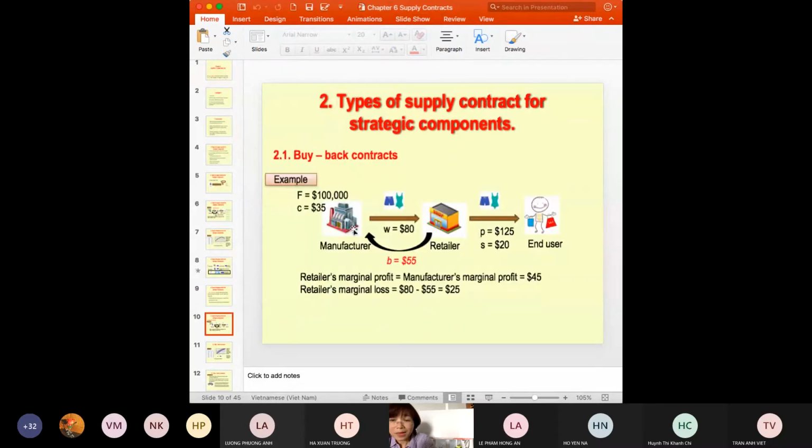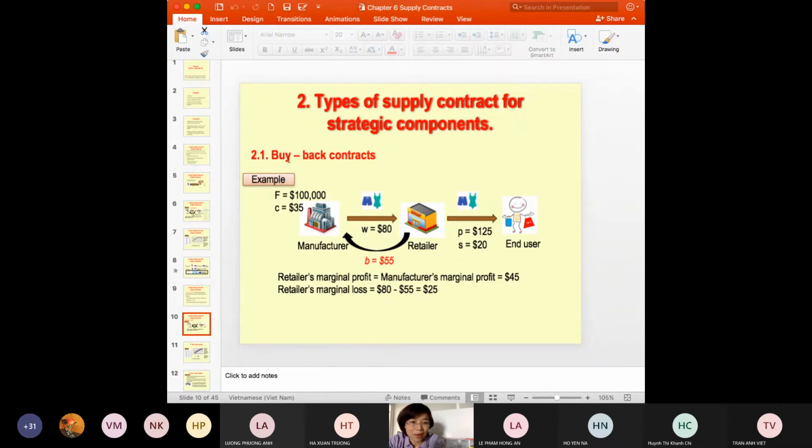So here I give you an example with buyback contracts. The same example, the variable cost is 35.